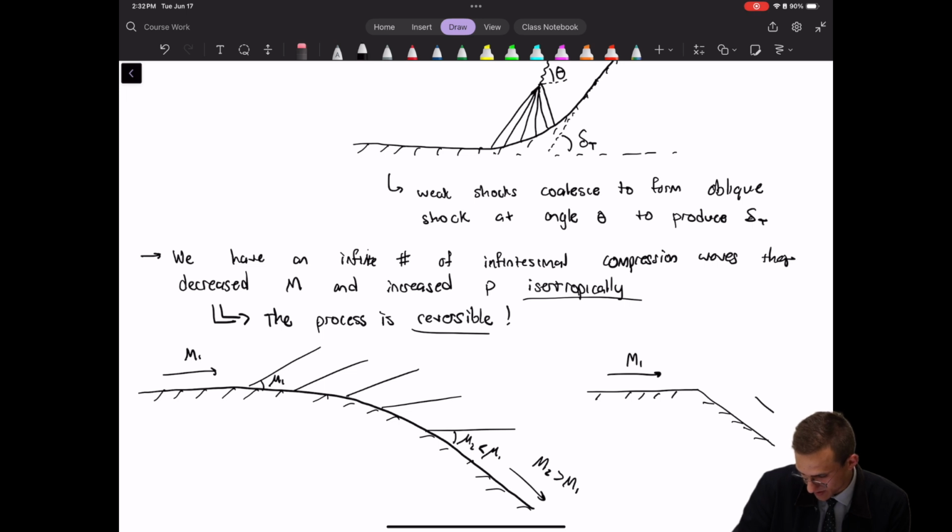You have your exiting Mach number M2, which is larger than M1, and then you have all these expansions here that occur like that, and the final expansion fan angle would be mu2, less than mu1, and then the first expansion angle is measured relative to the first flow direction, M1.